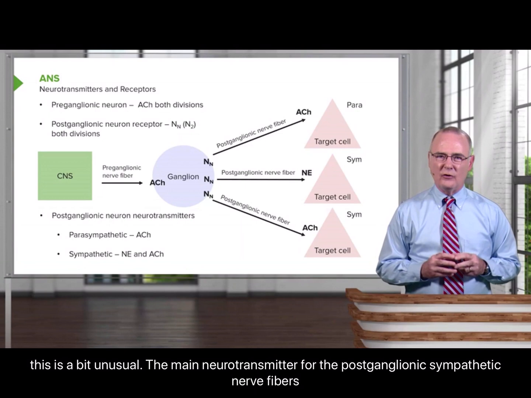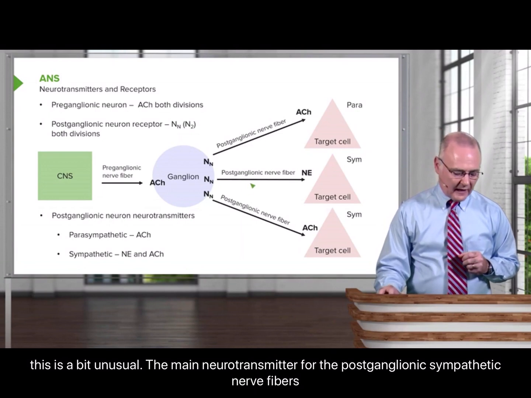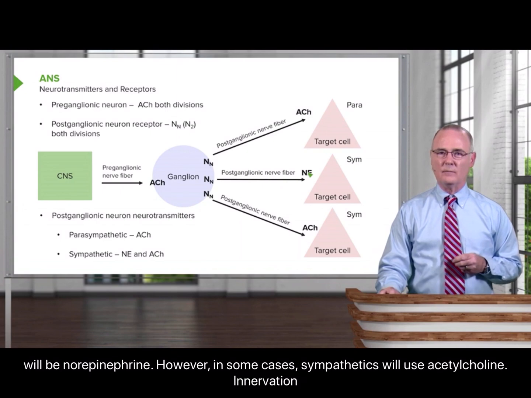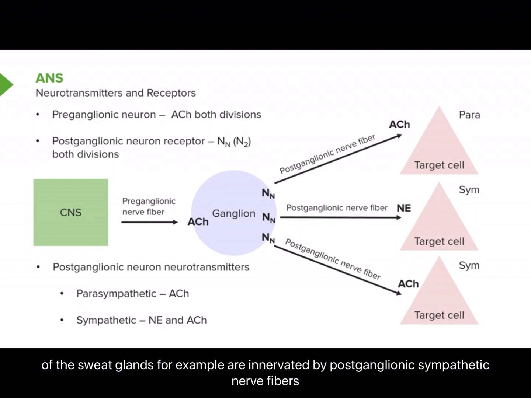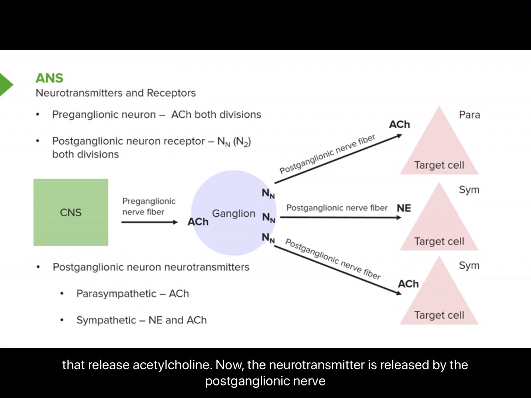The main neurotransmitter for the postganglionic sympathetic nerve fibers will be norepinephrine. However, in some cases, sympathetics will use acetylcholine. Sweat glands, for example, are innervated by postganglionic sympathetic nerve fibers that release acetylcholine.